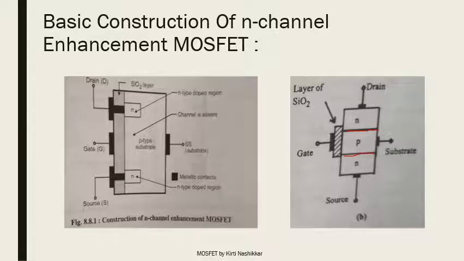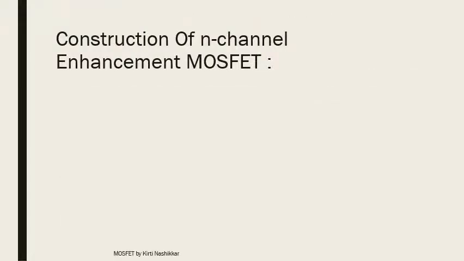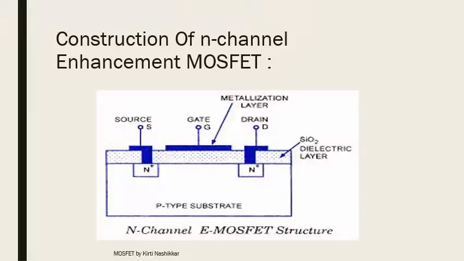Now let us see the operation of N-channel enhancement MOSFET. Again I am giving you the construction details, so please see it. Though it is an N-channel enhancement MOSFET, we are taking the p-type substrate in which we diffuse the two highly doped N layers.